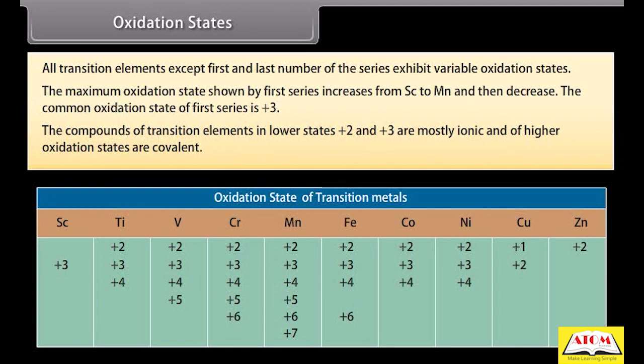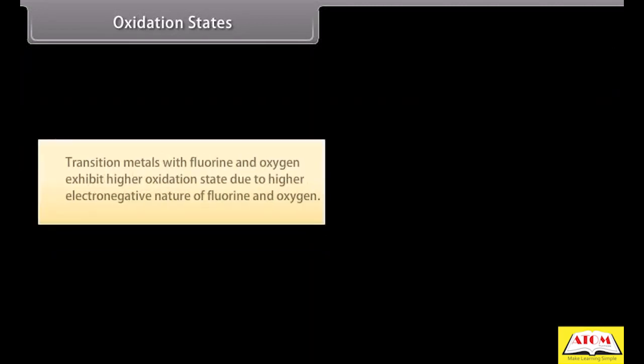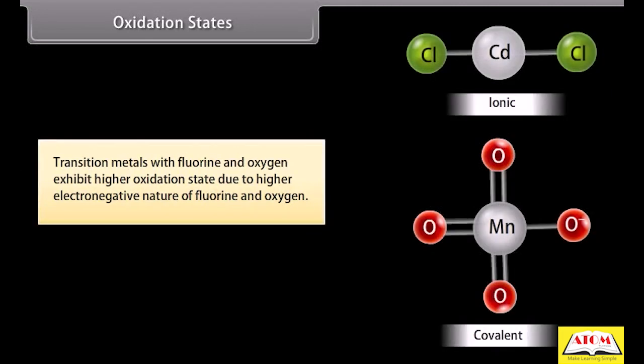For example, ZnCl2 and CdCl2 are ionic in nature and Cr2O7 2- and MnO4 - are covalent in nature. Transition metals with fluorine and oxygen exhibit higher oxidation states due to the higher electronegative nature of fluorine and oxygen.